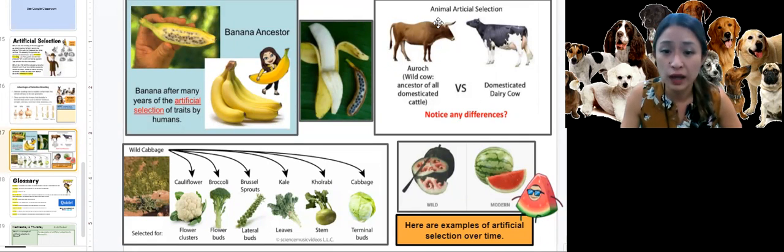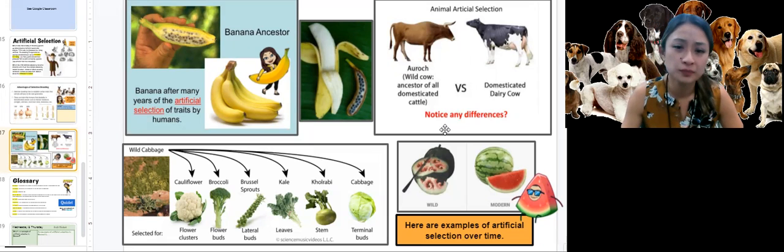Animal artificial selection. This wild cow is the ancestor of all domesticated cattle. And here is the domesticated dairy cow. What kind of differences are there? I see several. Okay, right here.